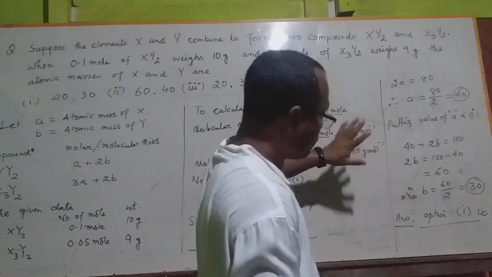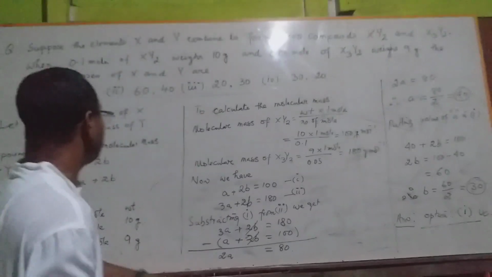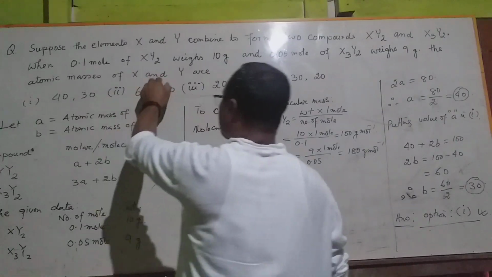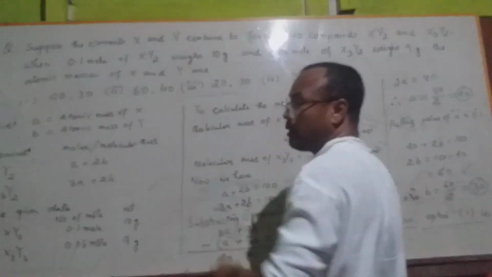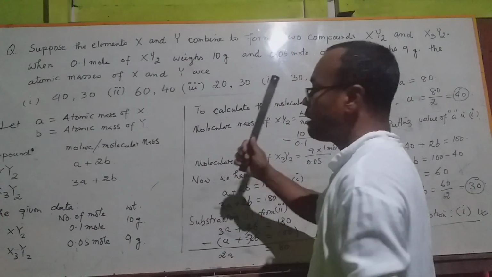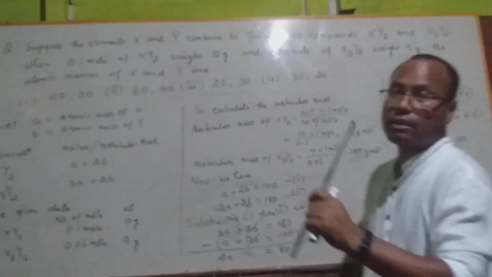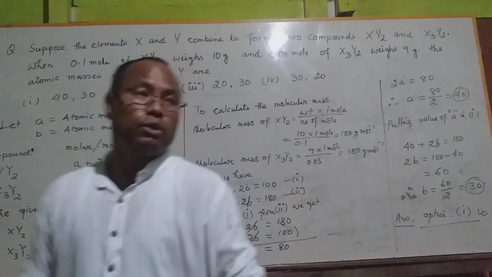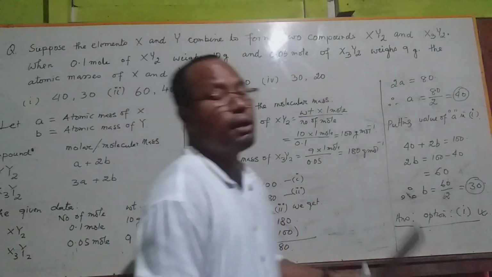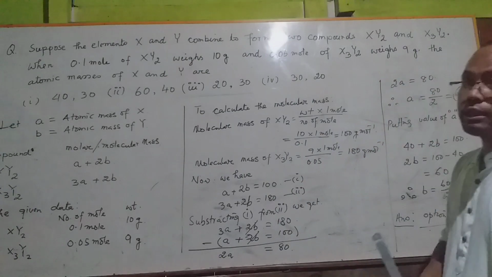So the answer among the given options is option 1: 40 is the atomic mass of X and 30 is the atomic mass of Y. Please remember, this is the type of MCQ question where time management is very important in competitive examinations. If you take a long time to find the answer, your time management is going wrong.